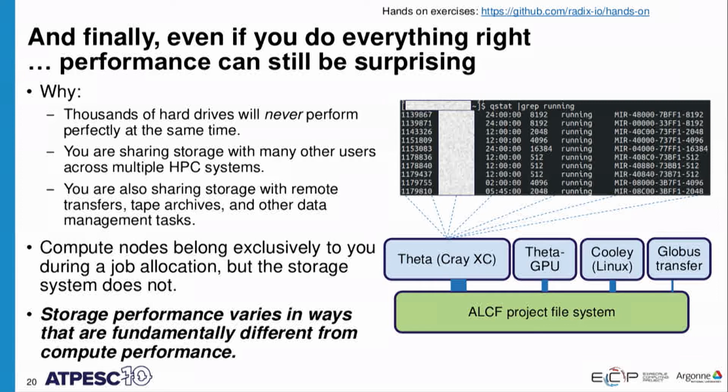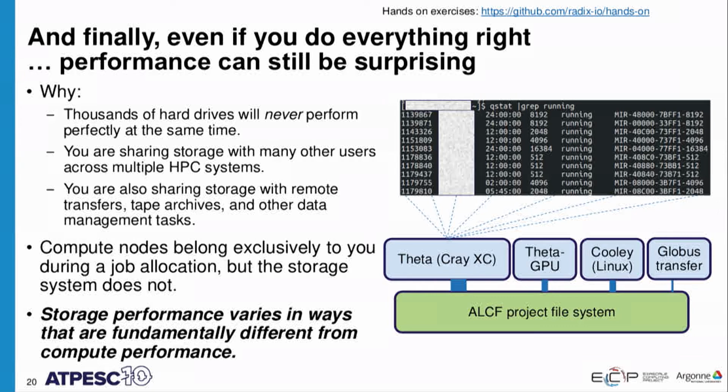The other thing is that you are sharing a file system with lots of other users and lots of other applications on the system. So this is different from your compute resources. If you get a job allocation, you have your compute cores, you have your accelerators, they are yours. Nobody else is running on those while you've got them. Storage system is absolutely not like that, generally speaking. We'll hear about some exceptions later, but you're sharing this with everybody else.